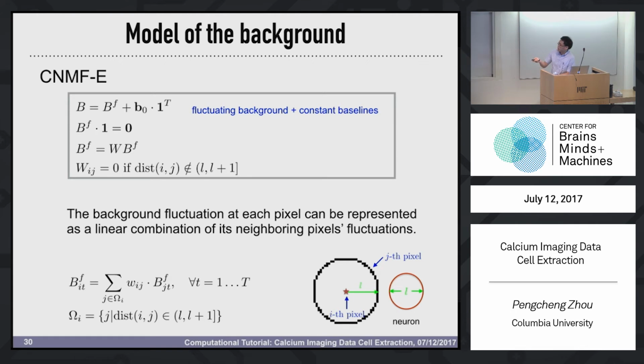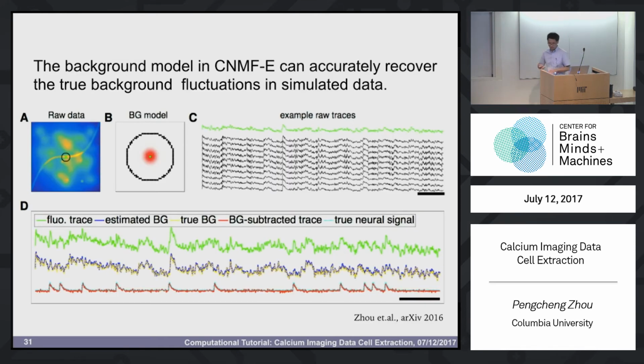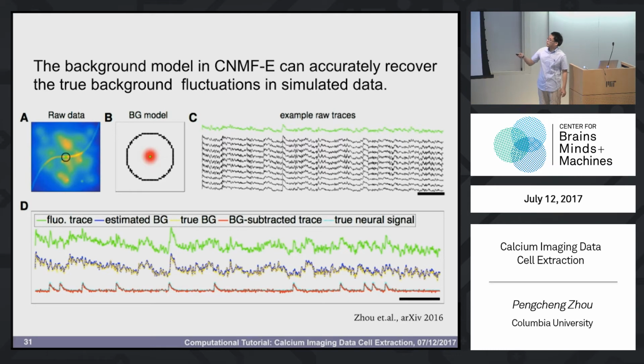In this model, only the background fluctuation is shared between this pixel and the neighboring pixels. And in this regression model, only the background is explained. And we can recover the background signal and remove the neural signals from the data. Here is an example. We have one neuron here, and we're going to estimate the background at this pixel, the green pixel.